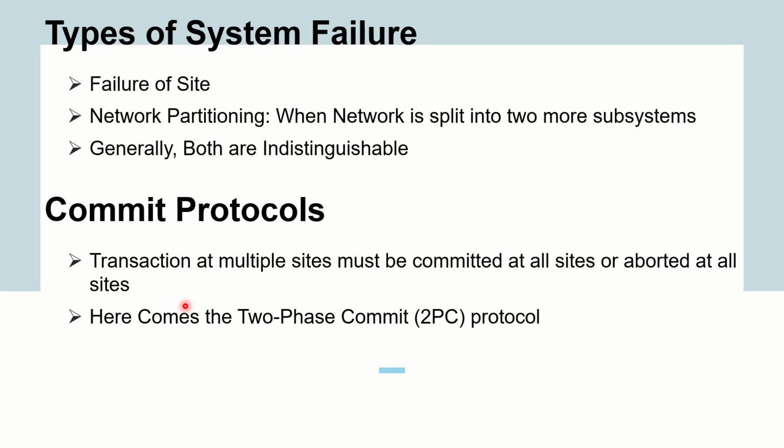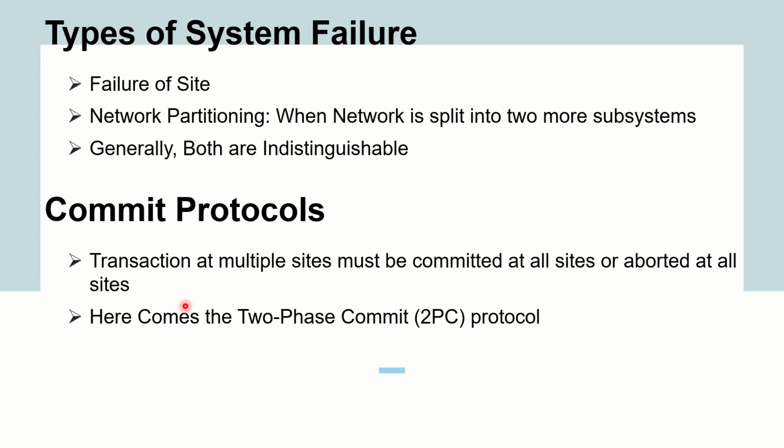One more problem is network partitioning. Let's say the network of India and America is partitioned, so we are not going to know whether the servers in America have failed or the network is partitioned. It is indistinguishable whether the site has failed or the network has been partitioned.